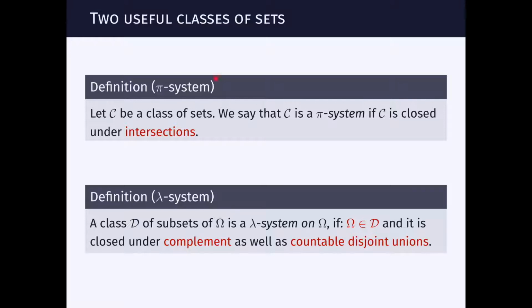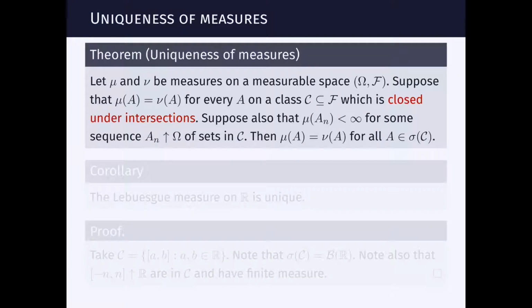What they miss is exactly the requirement that they are closed under intersection, which are pi systems. And here we see somewhat magically that requiring the coincidence class to contain a smaller class that generates all the sigma algebra, we can prove that the measures coincide on the entire sigma algebra.